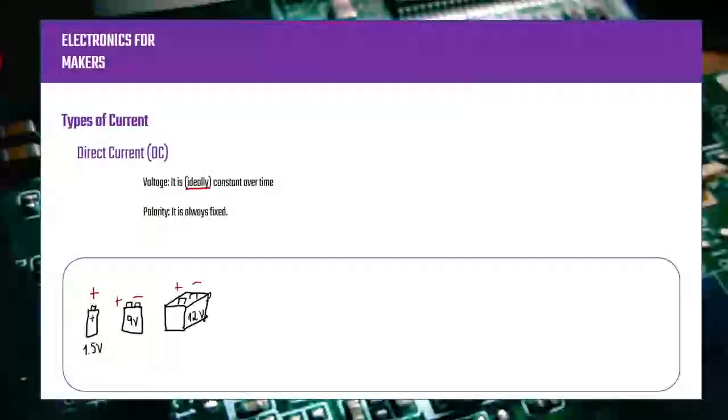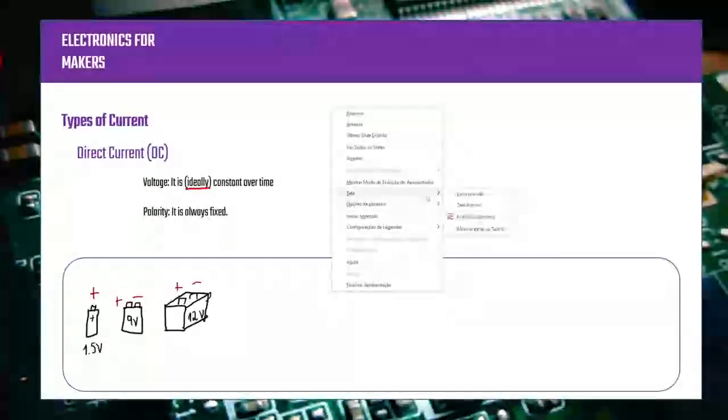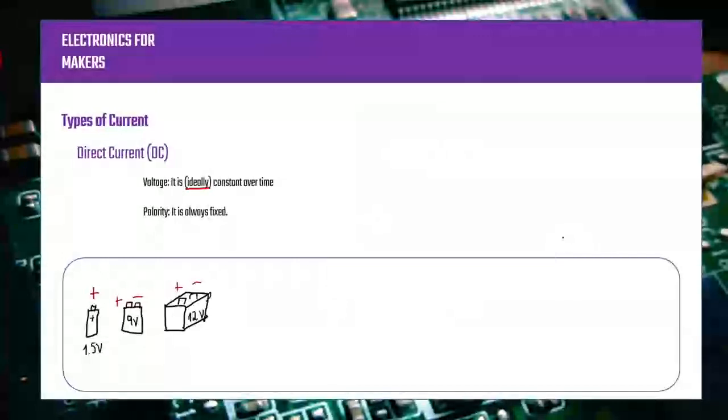So in direct current we don't have this problem. Well, it's not exactly a problem, but we don't have this condition or this characteristic. See, if we make a little graph here over time, let's say we are analyzing a 12-volt battery. Okay, a line here, so this is 0 volts. This is volts on the vertical axis, the y-axis, and here is time.